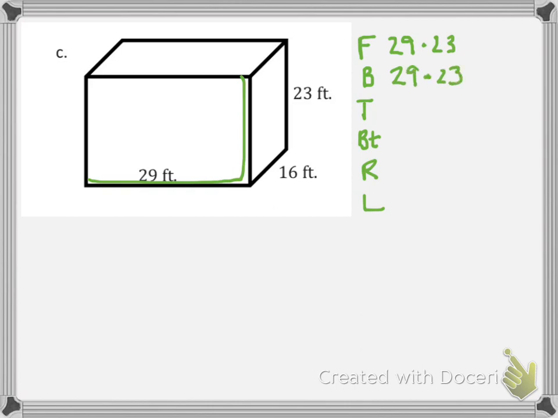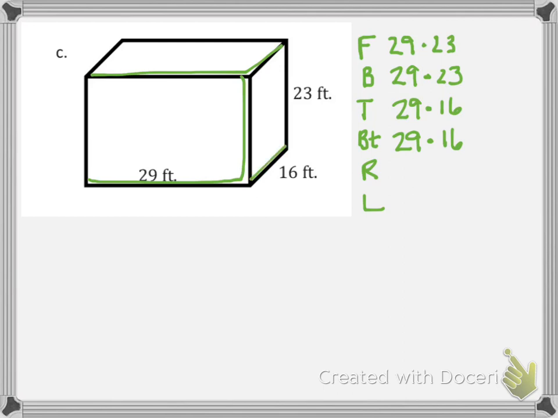And then the top is going to be a 29 times the diagonal line, 16. So 29 times 16. And then so is the bottom. I wrote 26. Let's fix that. That should be a 29. 29 times 16. There's the top and the bottom.